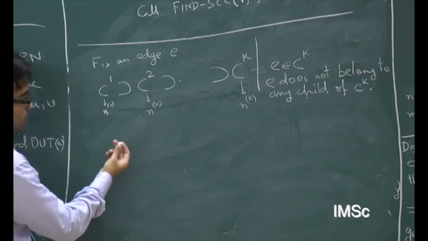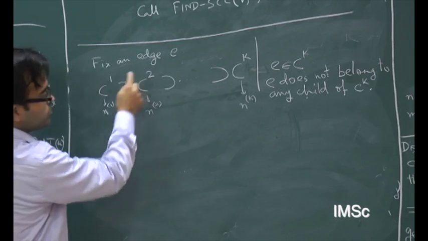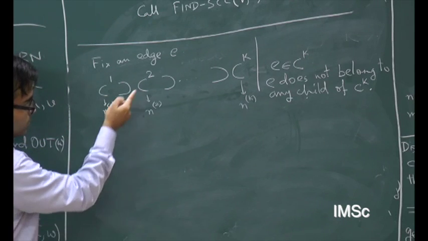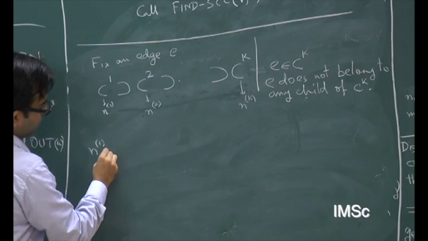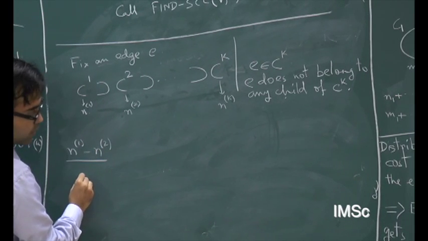So, let us just write it down. When we go from C1 to C2, the number of additional tokens that this edge gets is n1 minus n2 divided by n1.